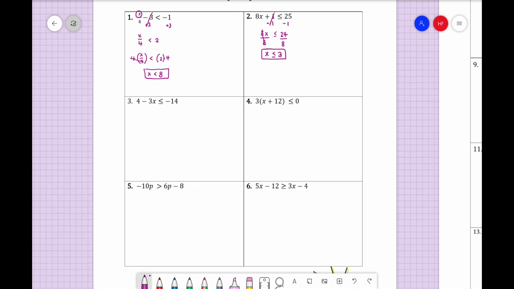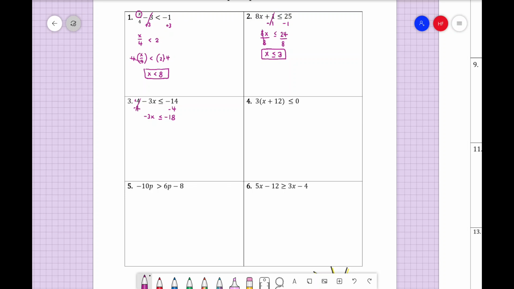On number 3, our variable is not first. So first thing I want to do is get rid of this coefficient. It is a positive, so this is positive 4. So I'm going to subtract it on both sides. I get negative 3x is less than or equal to negative 18.